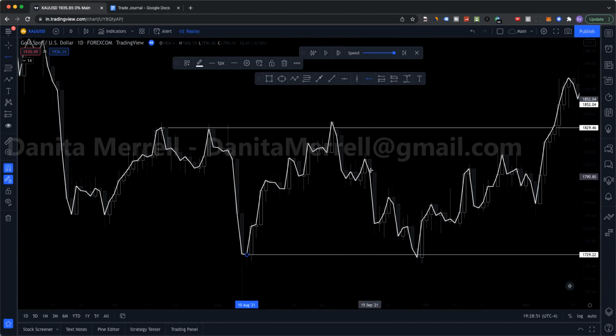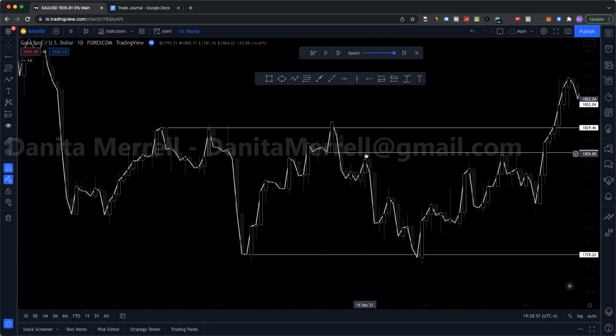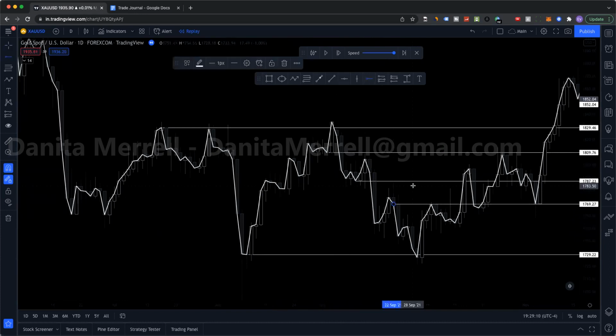Price broke on daily. Depending on your broker, you may or may not have tapped. Pushing price down from here. Pushing price down. Okay. From here. Pushing price down.